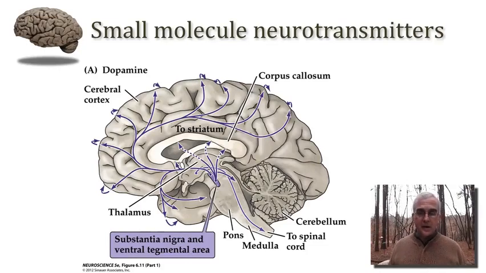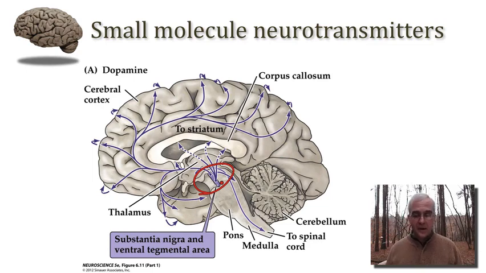Let's look anatomically for just a moment and consider the source of some of these biogenic amine transmitters, beginning with dopamine. Well, I mentioned some of the places where dopamine is released. Dopamine is derived from cells that have their cell bodies here in the midbrain, which is at the very top of the brainstem, in a collection of compact cells known as the substantia nigra pars compacta.